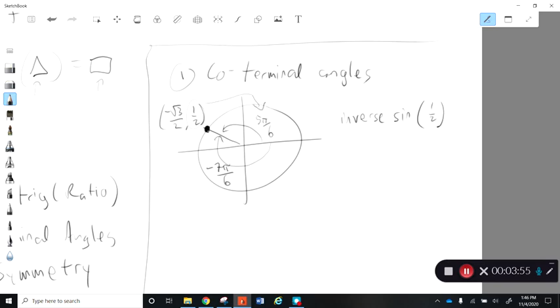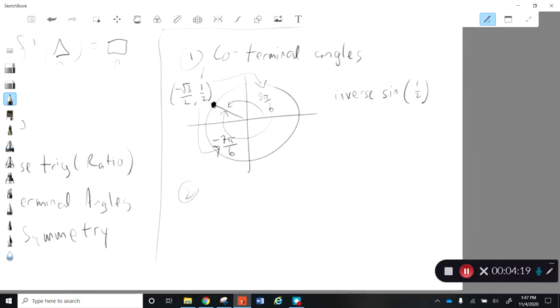Are we going to get back 5 pi over 6? Or are we going to get back the negative 7 pi over 6? Or any one of the other infinitely many different angles that terminate at that point? So that's one of the problems: what should the output be? There are tons of different inputs for the sine function which are going to give me a value of 1/2, so which one are we going to give as an output for the inverse sine?